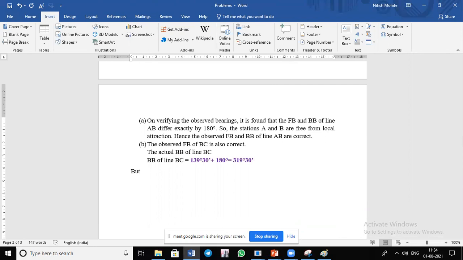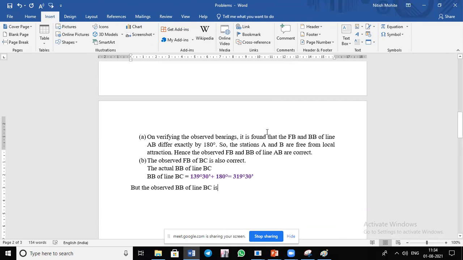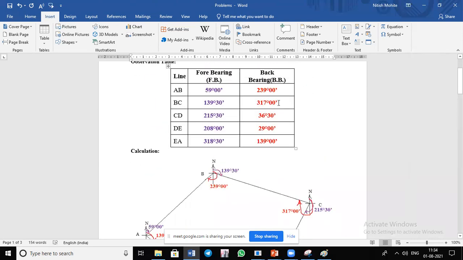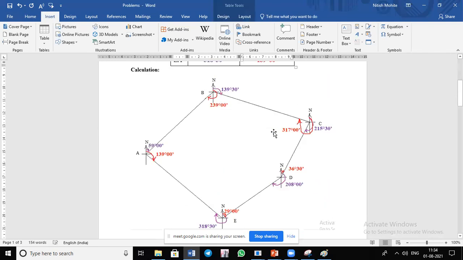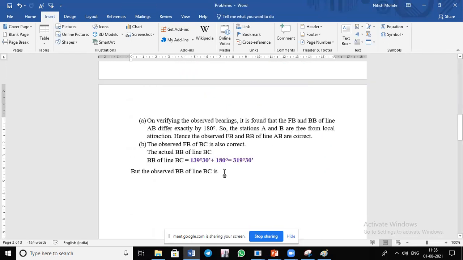But the observed back bearing of line BC is 317 degrees 0 minutes. The difference between these is the correction.